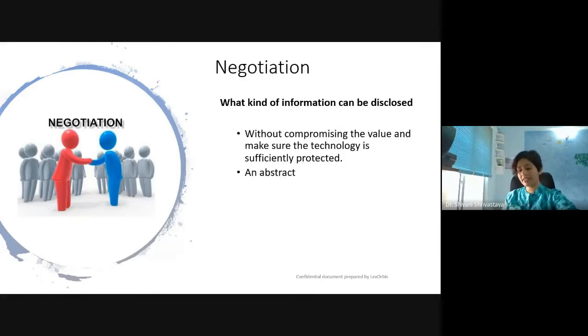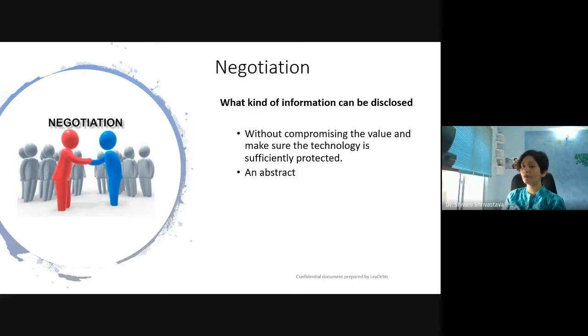So when we are saying confidentiality, during the negotiation process, what kind of information should we share? We should limit, or maybe make a boundary around the technology, to divide which information can be shared and which information cannot be shared.